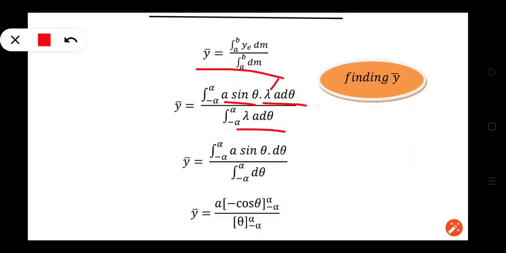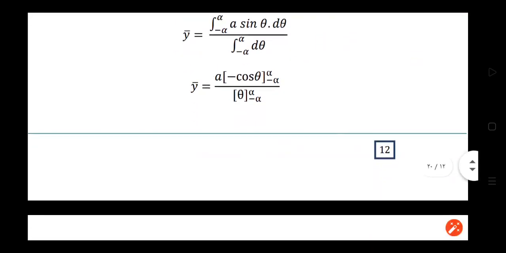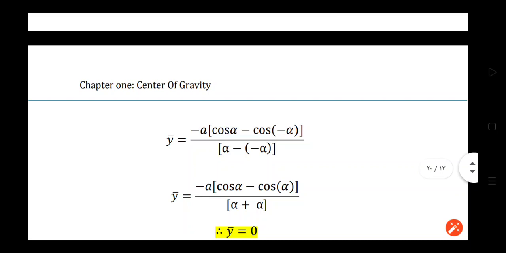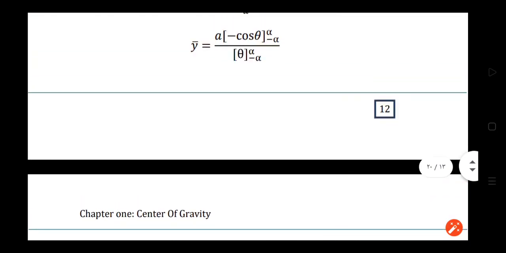So we can cancel lambda a with lambda a. The integration will be the integration from negative alpha to alpha of a sine theta d theta over the integration from negative alpha to alpha of d theta. The integration of sine is equal to negative cosine.